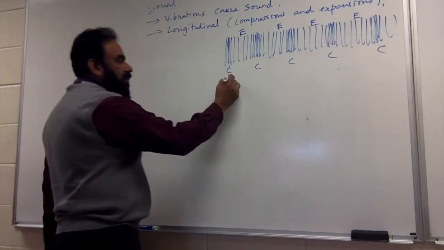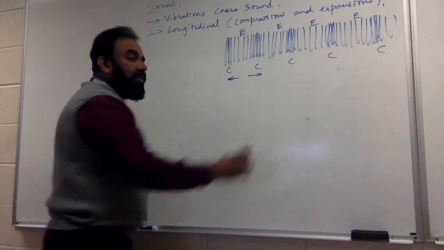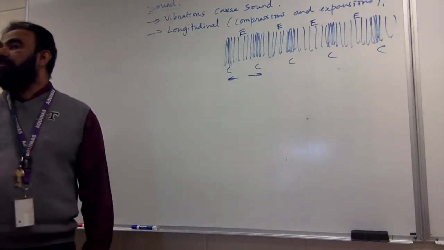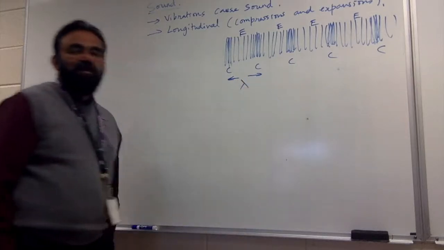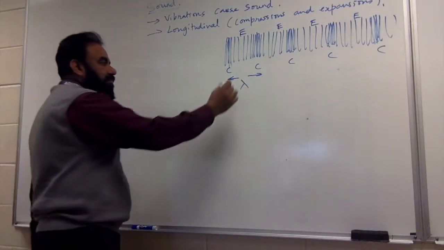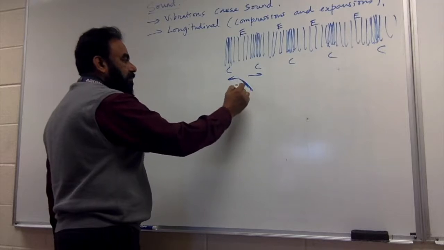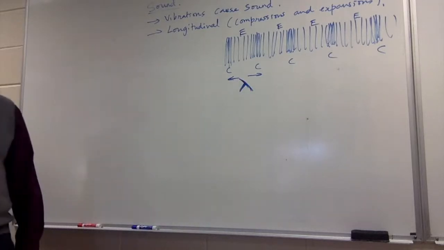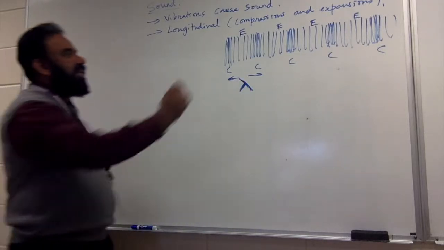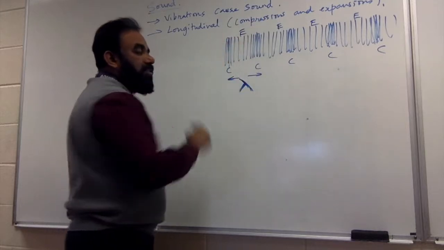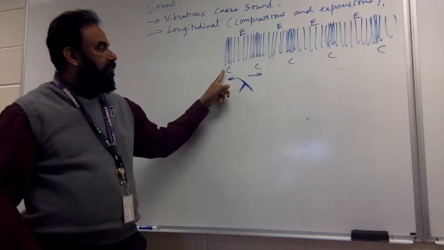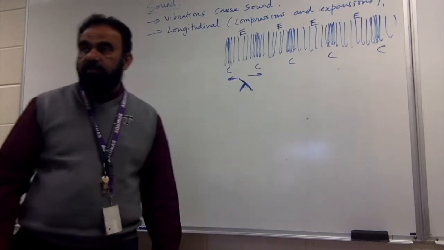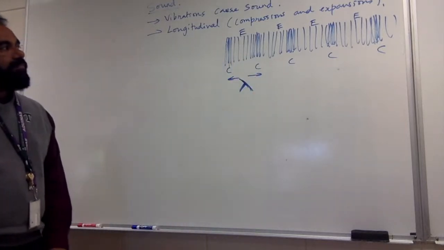What is the distance from one compression to the next compression called? Wavelength. Symbolized by the letter lambda. Lambda is the wavelength. It's also the same thing from one expansion to the next expansion.